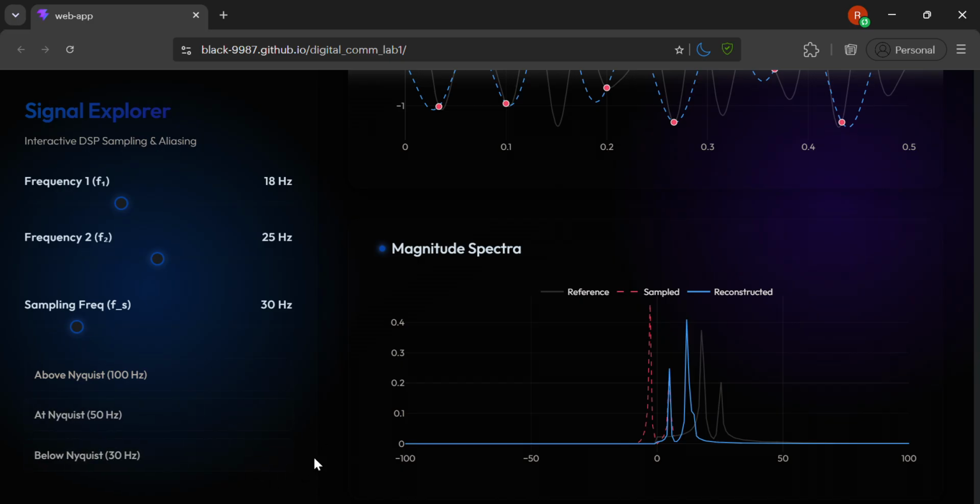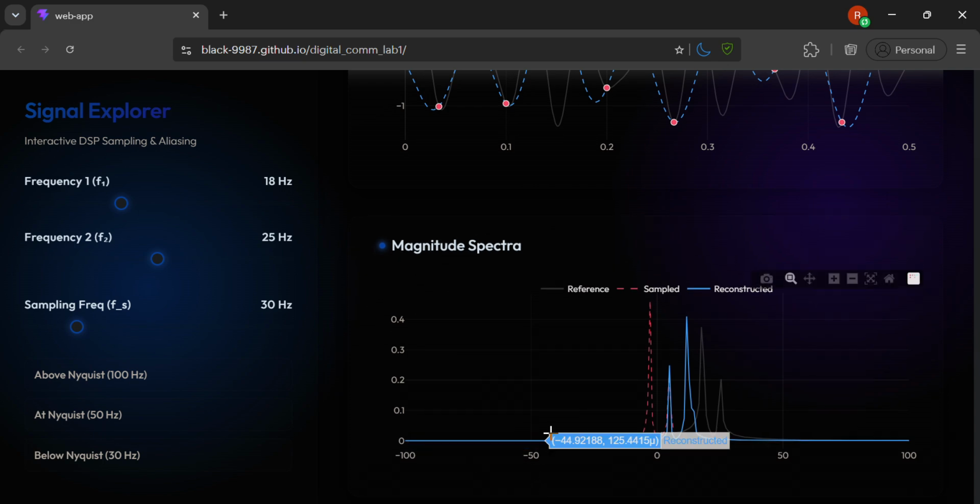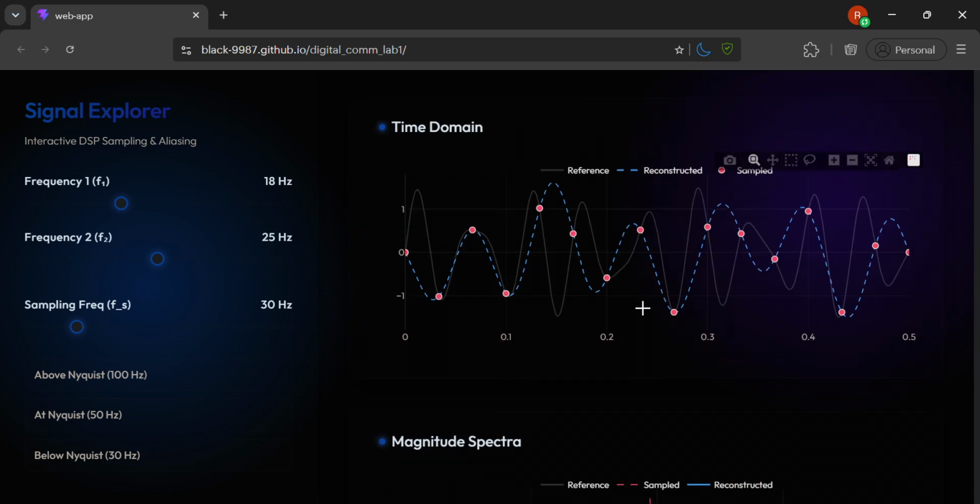If we look at the time domain graph, the red sample points become much more separated. They no longer provide enough information to follow the rapid variations of the original wave. More importantly, the reconstructed blue waveform now has a noticeably different pattern from the original gray waveform.